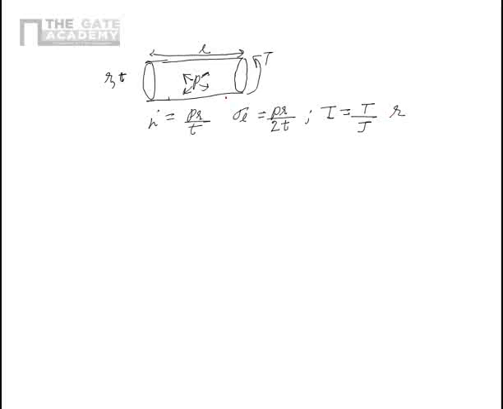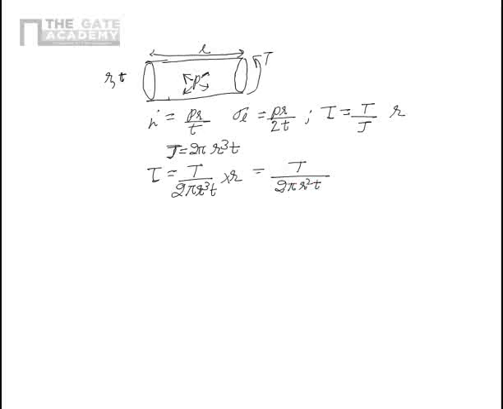Because it's a thin pressure vessel, the J value is 2 pi R cube T. So that gives me the value of tau, which is T upon 2 pi R cube T into R, that is nothing but T upon 2 pi R square T.